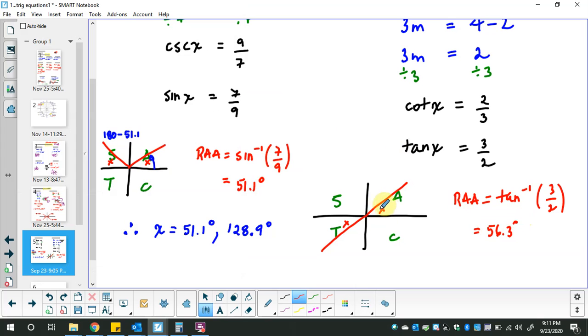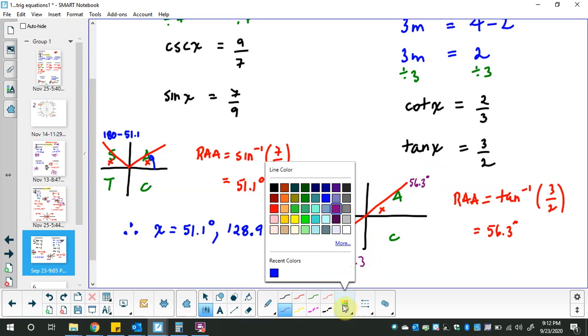And if you want to scribble that in your picture, you totally can. Or you can say, okay, that's 56.3 degrees, and this is 180 plus an extra 56.3 degrees. And this is kind of scribble, so if you leave off the degrees, I'm not going to lose my mind in any way.